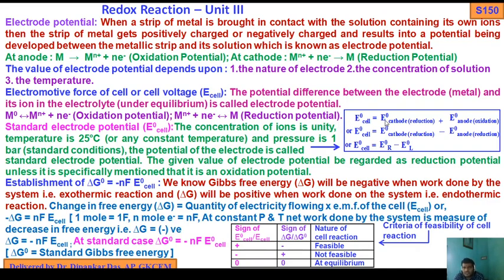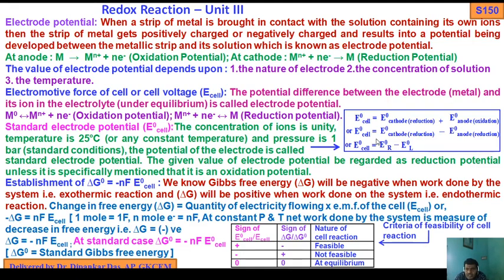So the concentration of ions is unity, temperature is 25 degrees centigrade, and pressure is 1 bar. You know E0 cell equals E0 cathode reduction plus E0 anode oxidation. This is the sum of the reduction potential of the cathode plus the oxidation potential of the anode from the galvanic cell.